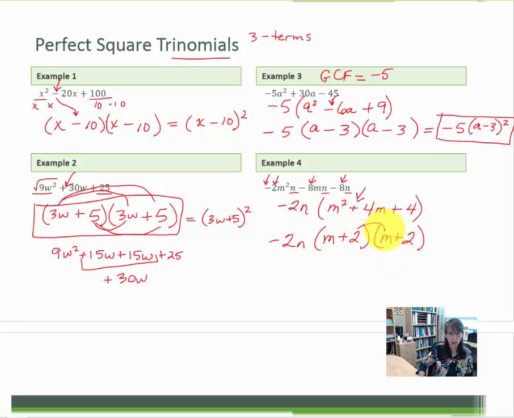So that would make 2m plus 2m, that indeed matches 4m. So I would write my answer -2n times the quantity of m plus 2 squared. And now we have that one completely factored.